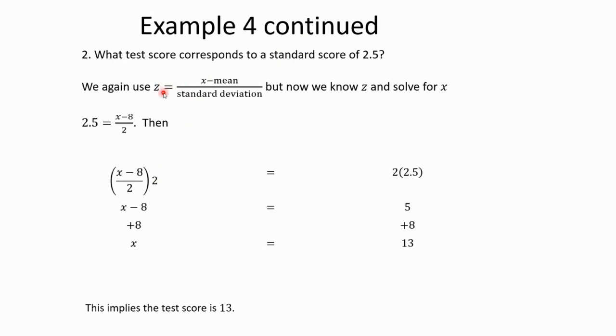So let me say it again. If somehow we knew the z-score of a certain student, their standard score, is 2.5, we can determine the corresponding data value. How do we do that? We're going to use this formula, as I do here.